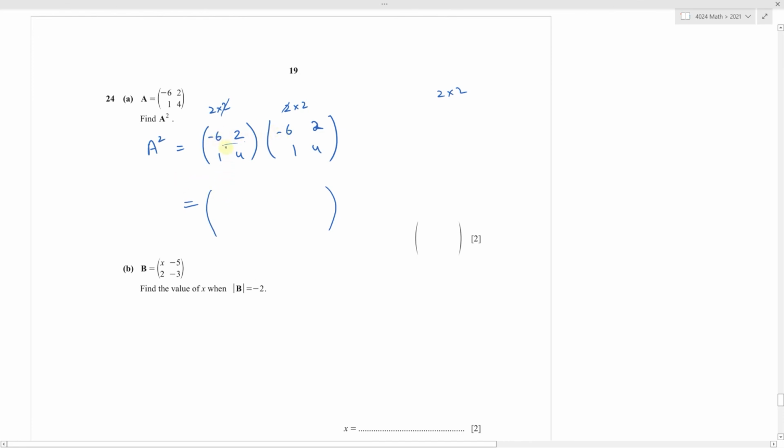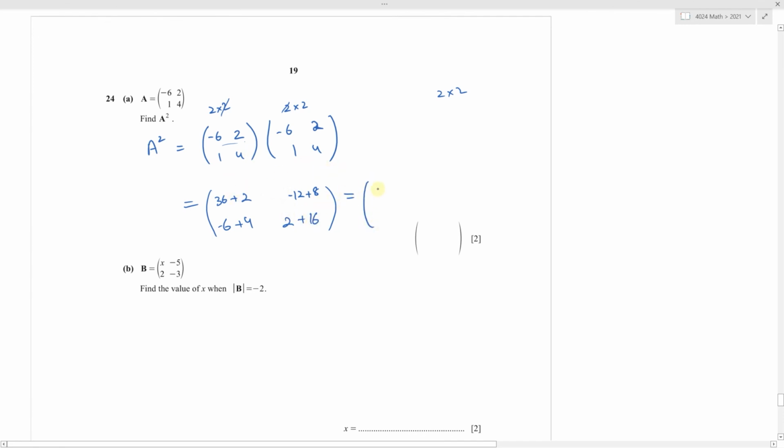So minus 6 times minus 6 is 36 plus 2 times 1 is 2. Then first row multiplied by second column will give me the value in the first row and second column. So minus 6 times 2 is minus 12 plus 8. Then second row multiplied by first column: 1 times minus 6 is minus 6 plus 4 times 1 is 4. 1 times 2 is 2. 4 times 4 is 16.